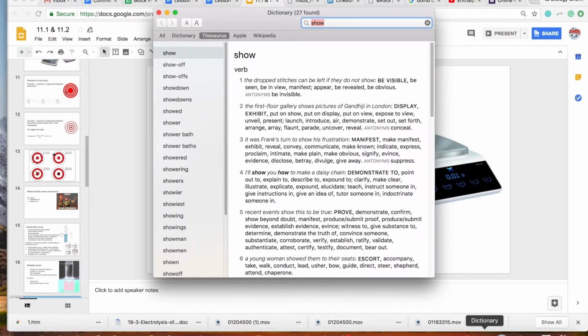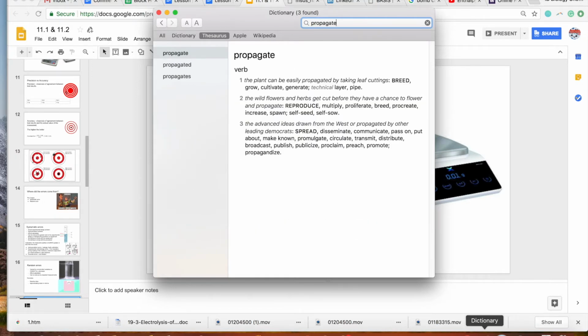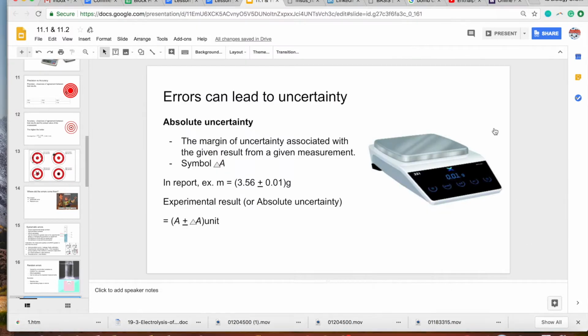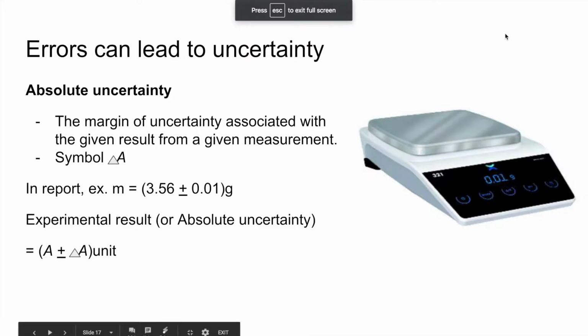It means it develops, it worsens. It grows. It spreads. So one little tiny inaccuracy can spread into much more error.